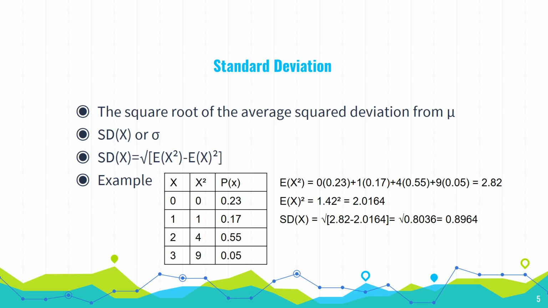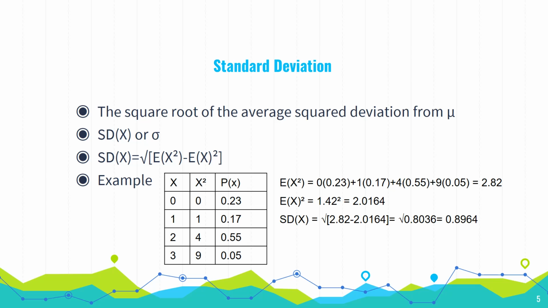The standard deviation is the next very important property. I don't have the variance on the slide, but I'll mention it. So standard deviation is technically the square root of the average squared deviation from the expected value mu.